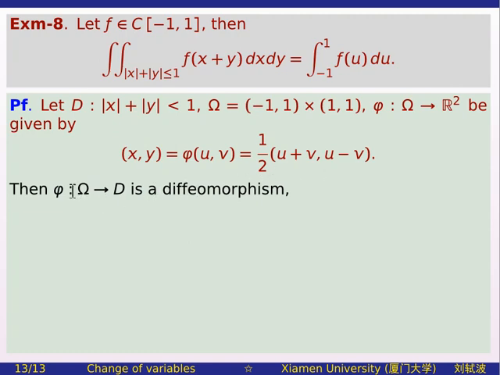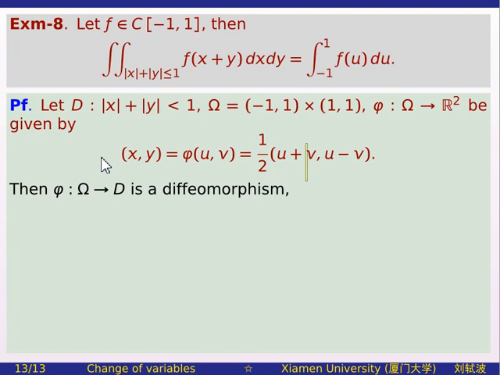It is elementary to see that this phi is one to one and onto, so it is bijective. And also it is smooth: the partial derivatives of phi with respect to u and with respect to v exist and are continuous.